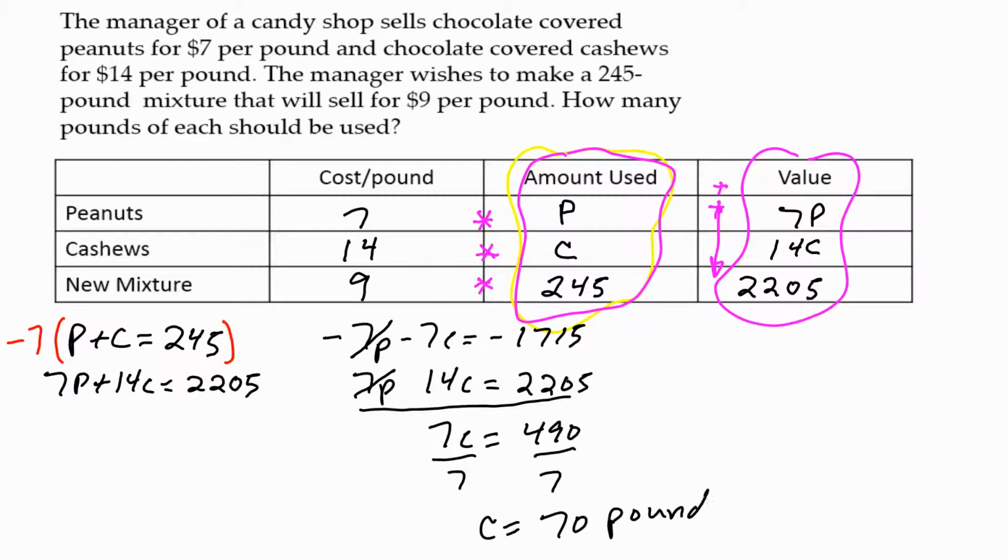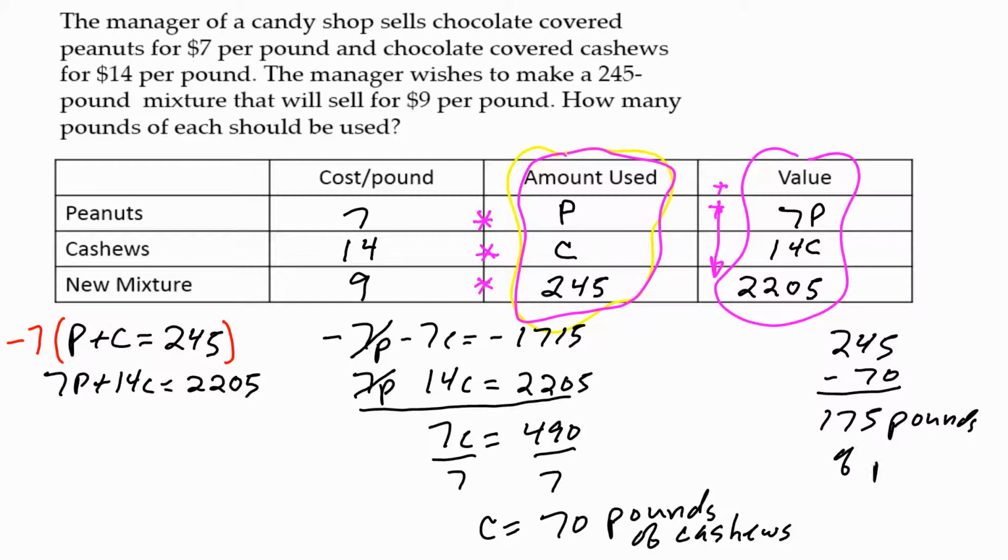Now, we know that c equals cashews, but you should present your answer with units, so pounds, and what those units correspond to, of cashews. So we know that we were going to make 245 pounds of this mixture, and if we're using 70 pounds of cashews, that leaves us 175 pounds of peanuts.